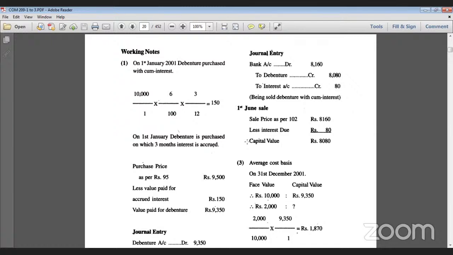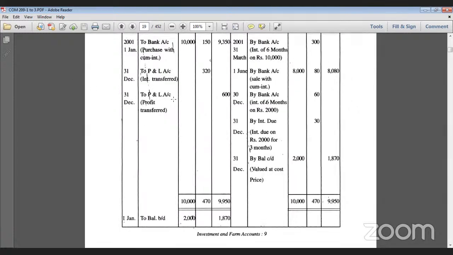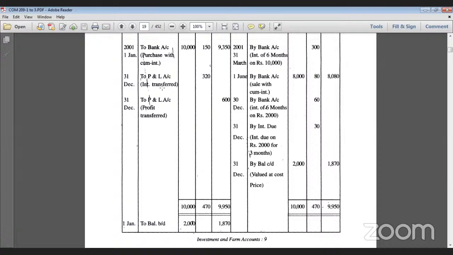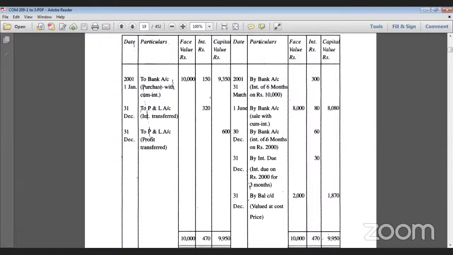So this will be 10,000 into 6 divided by 100 into 3 months, January, February, March. So this will be 150, and the figure for the valuation is 9,350.